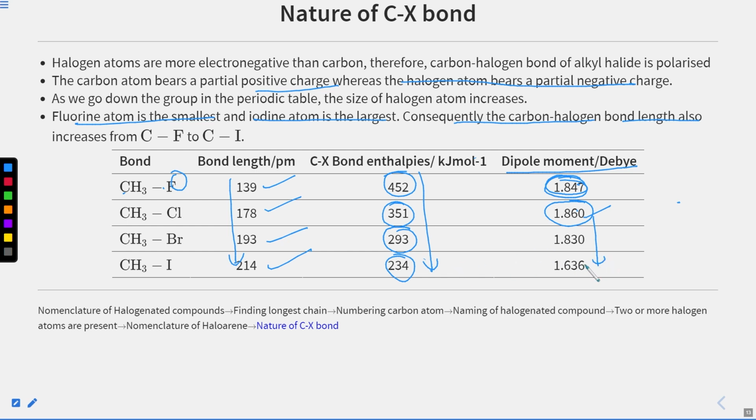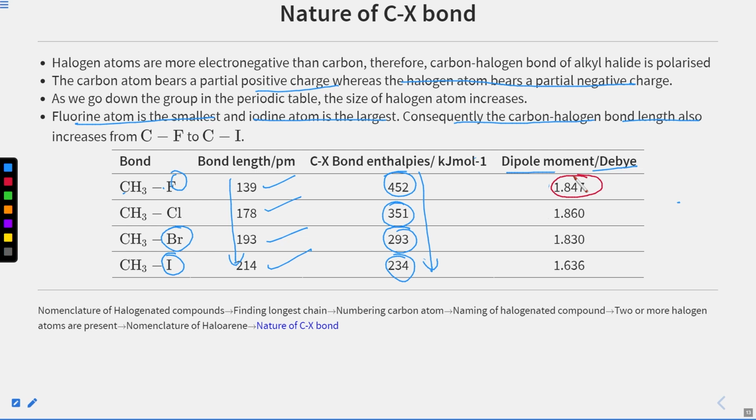As we go down the group, this contribution reduces, and hence we get a dipole moment according to the electronegativity difference. But you should remember this exception. This is the most important thing to notice here. So this is clear to all of you.